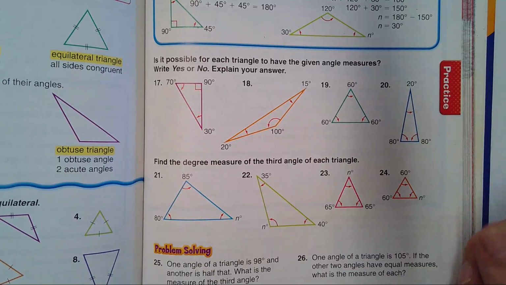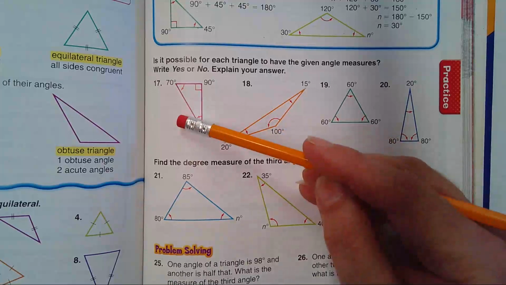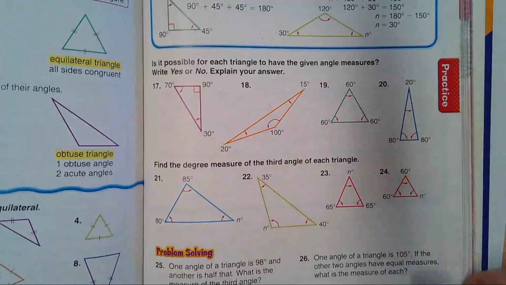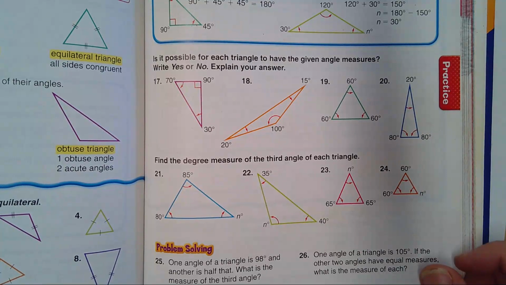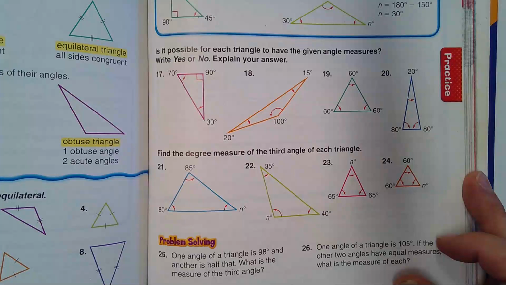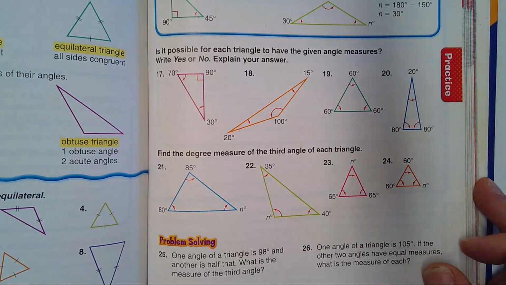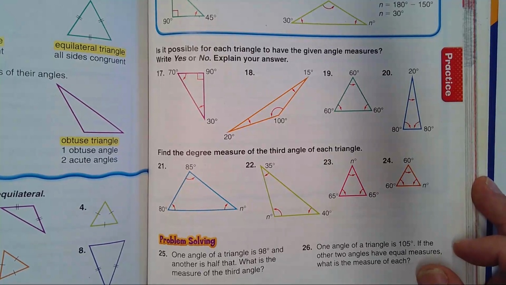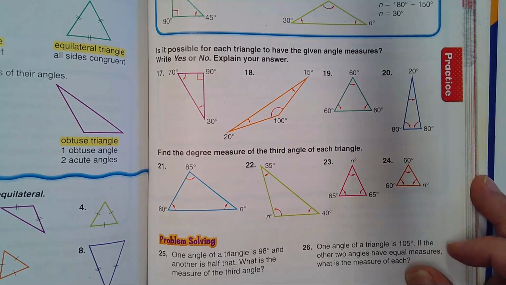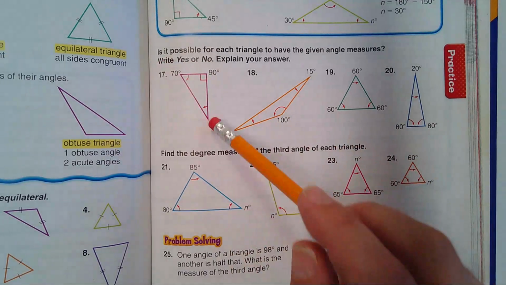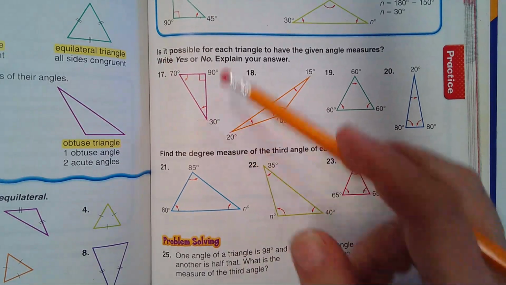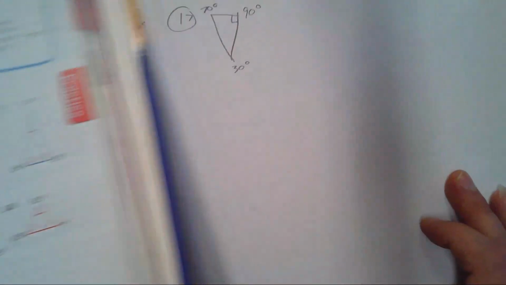So the question is, is it possible for this triangle to have these measurements, and how do we know? Roland doesn't think it's possible. Why not? Because if I add up these three measurements, 70 and 30, that's 100, and 100 plus 90 gives me 190.